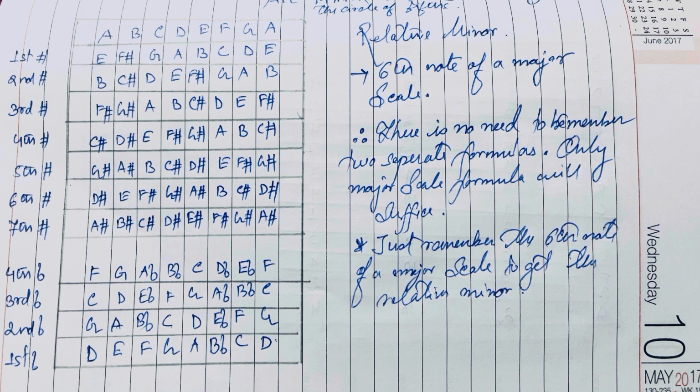There is no need to memorize a separate formula for the minor scale. You only need to memorize the major scale and know the 6th note of it to jot down its minor scale.